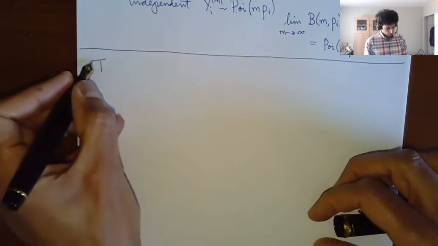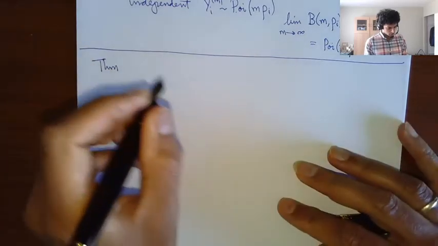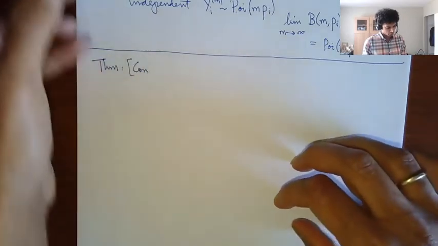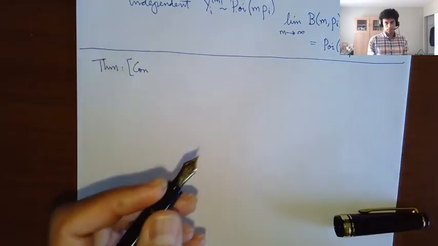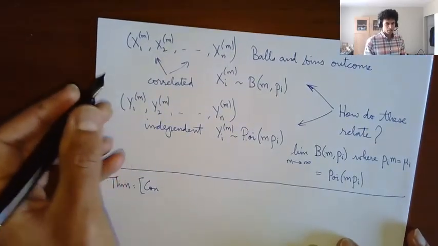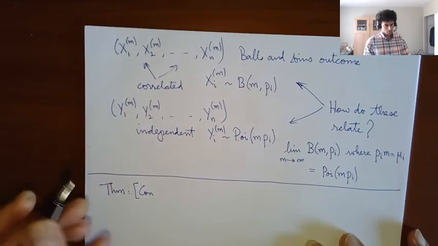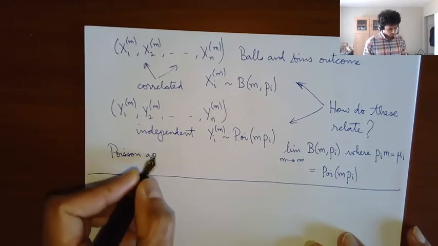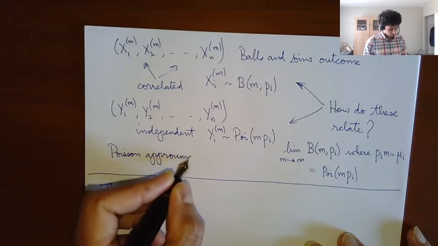Okay, so let's go to our first important theorem in showing the relationship of the Poisson approximation. And actually, I should maybe say that this convergence that we're talking about, this is the Poisson approximation.